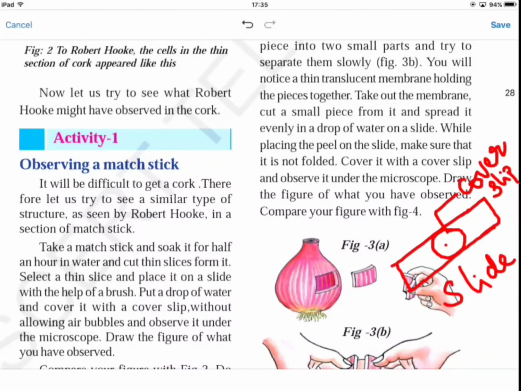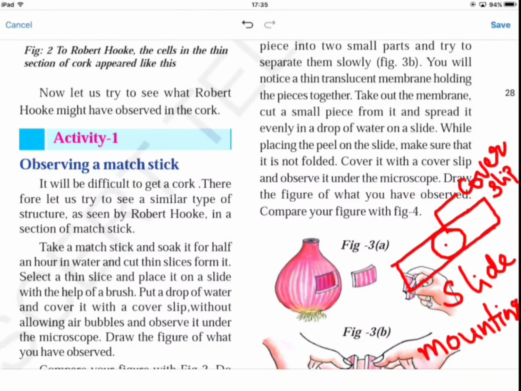So we should be very careful while putting a cover slip on the observable thing which is kept on the slide. This process, putting the cover slip on the slide without air bubbles, is called mounting. After mounting, this slide is put on the stage.